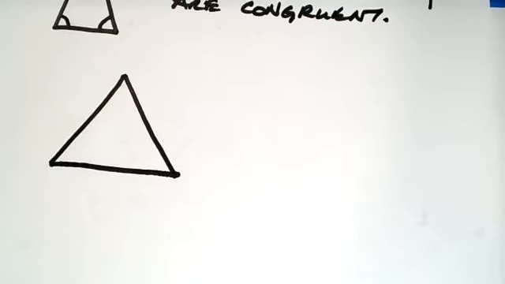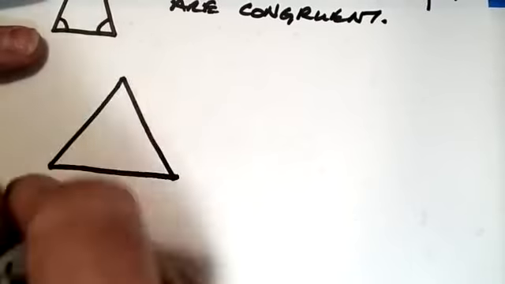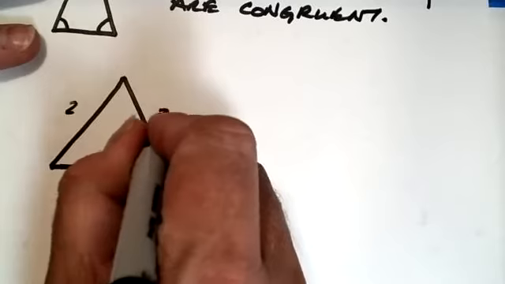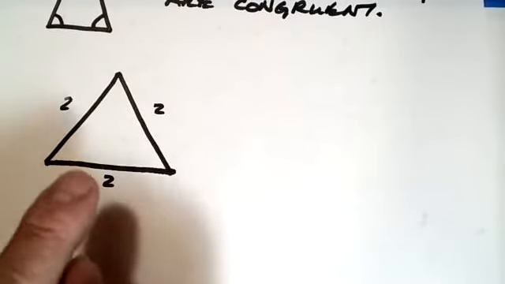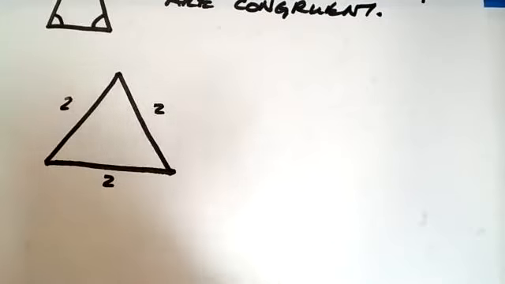We can scale them up and down because of the fundamental theorem of similar triangles. But I'm going to say that each side has a length of 2, just because it makes the arithmetic a little bit easier in the end. So the first thing I want to do is prove to you that all of the angles are the same. Remember, just because it's an equilateral triangle doesn't mean that the angles are necessarily equal as well, but it does turn out to be the case.